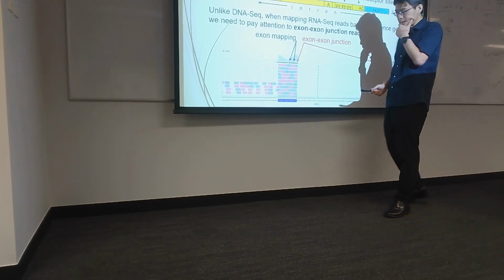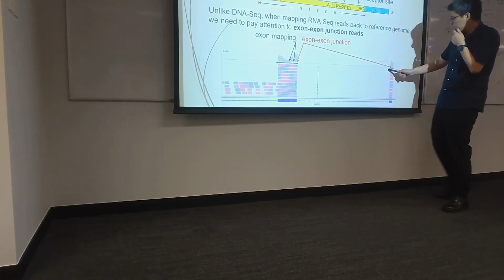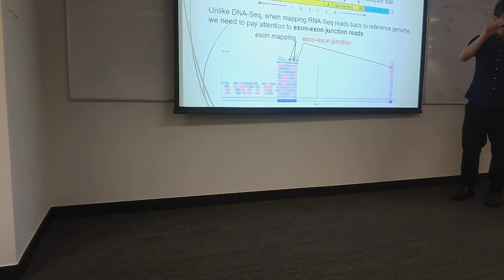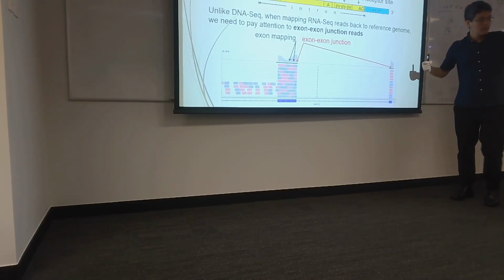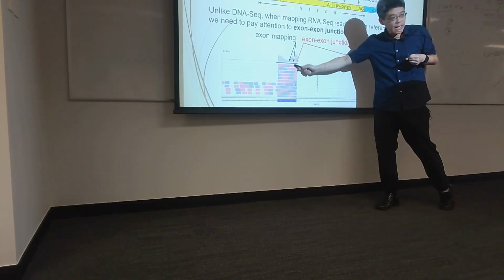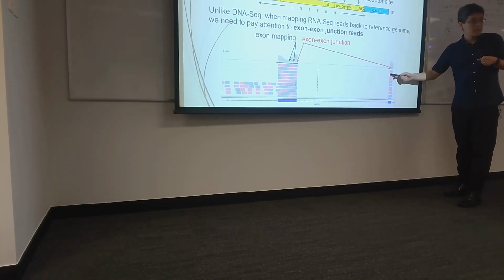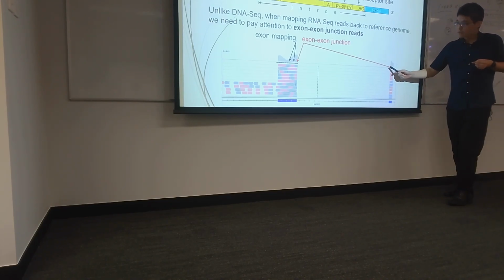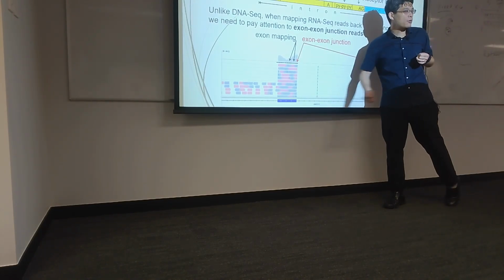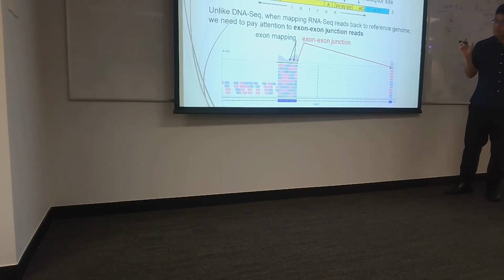But for some other reads, for example this read, you can clearly see one read is cut into two parts. One part is mapped to one location of the genome. Another part is mapped to another location of the genome. This is actually named an exon-exon junction. It's a junction between two exons.